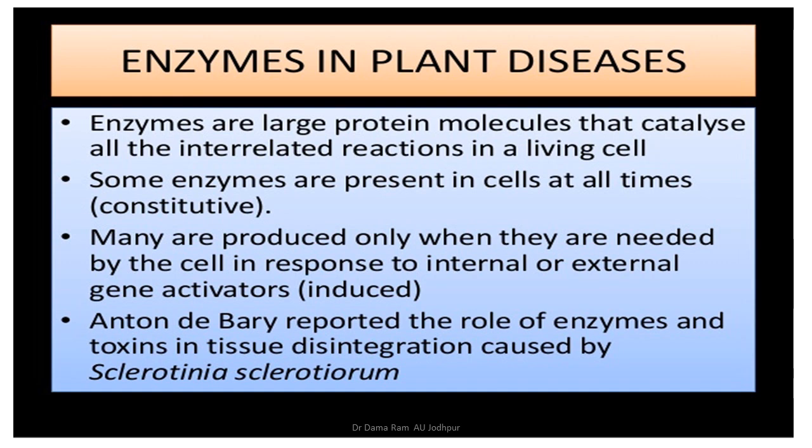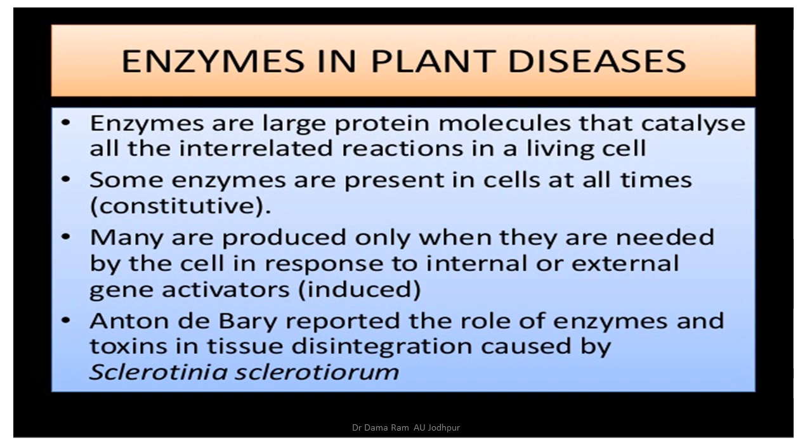So earlier, the work on the role of enzymes in disease development was started by Anton de Bary, and he reported the role of enzyme and toxin in tissue disintegration caused by Sclerotinia sclerotiorum. He gave two terms. One is maceration, meaning cell separation, which he said is due to extracellular enzyme.